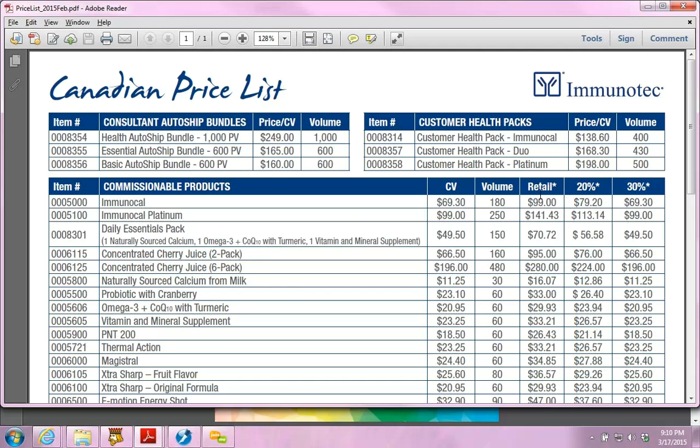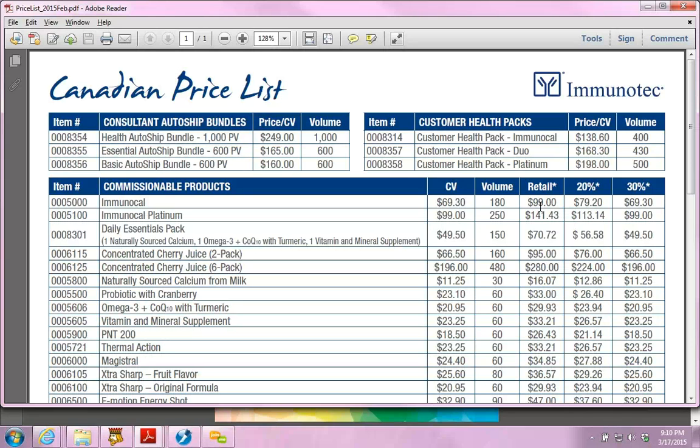Now this $99 retail price, there's kind of two uses for that number. If you have somebody who just wants to try one box, and says, I don't want to sign up for any kind of account, can I just buy a box? You say, yes, you can just buy a box. It's going to cost you, but you can buy a box. And they say, I don't care how much it costs. Okay.